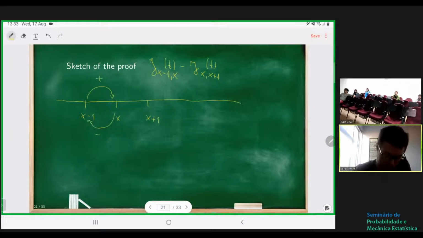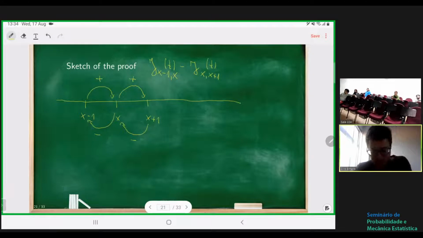And the same happens essentially for the current between x and x plus 1. Every time there's a particle jump from x to x plus 1, we add 1, and every time there's a particle jump from x plus 1 to x, we subtract. The left picture is j of x minus 1, x, the right picture is j of x, x plus 1.